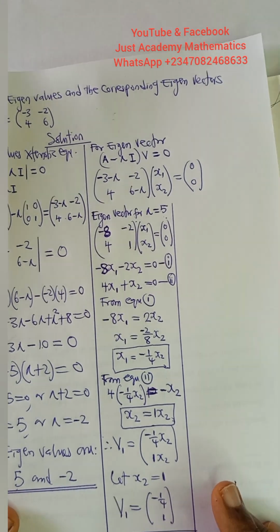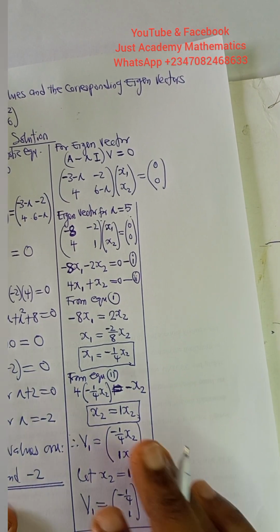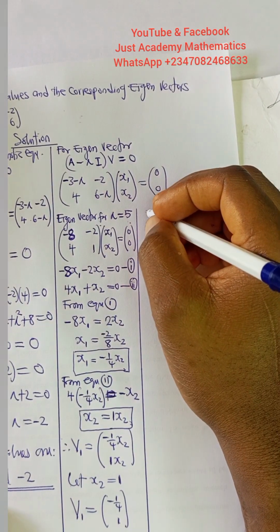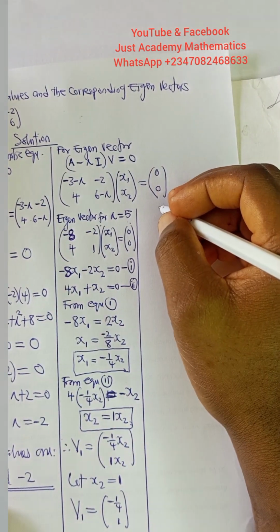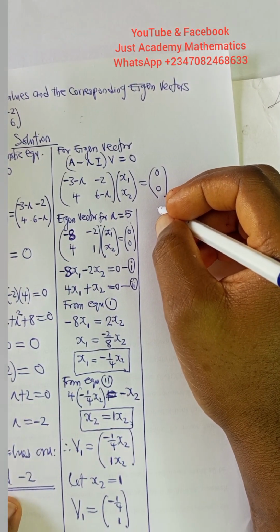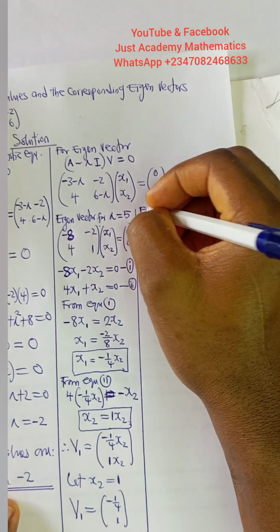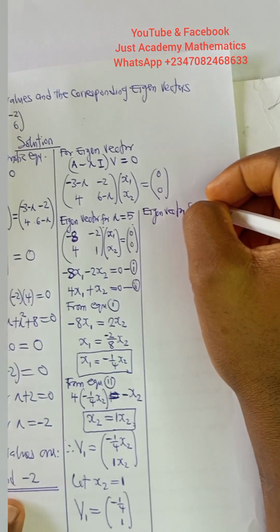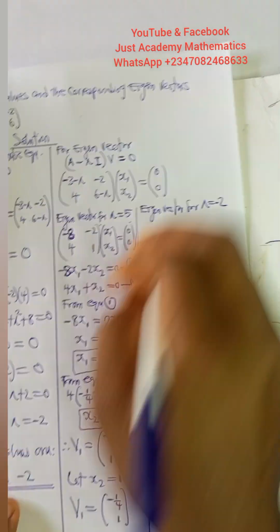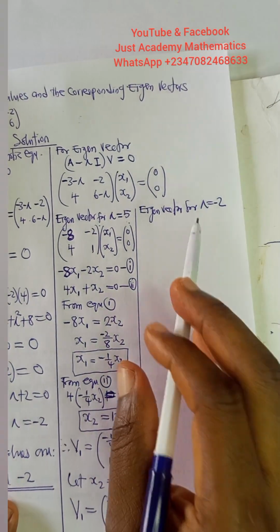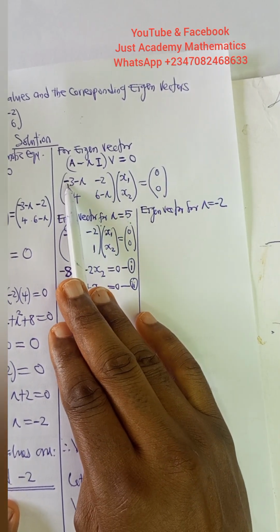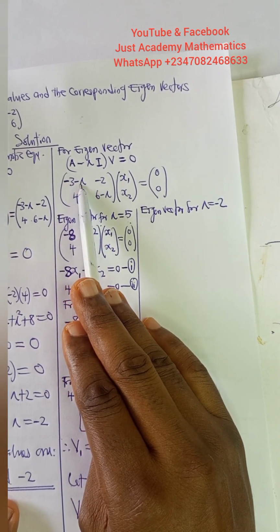Okay, the same thing. Let me shift this side. Our focus is here now. The same thing is to get the corresponding vector for the eigenvalue of minus 2. Now we'll say eigenvector for lambda equals to minus 2. So this time around, anywhere we see lambda here, we put minus 2. Remember, minus 3 minus times minus 2.